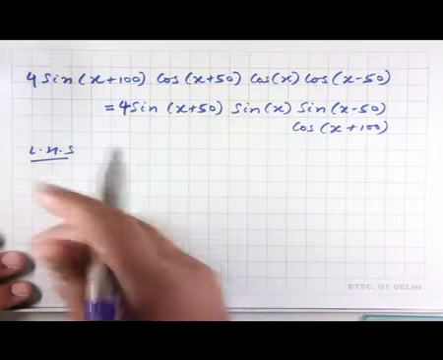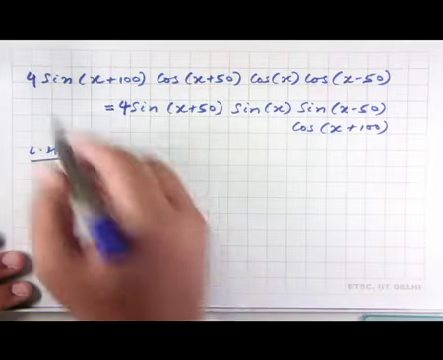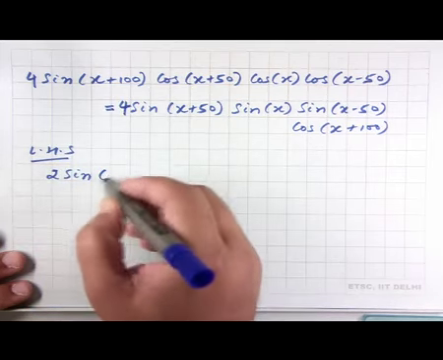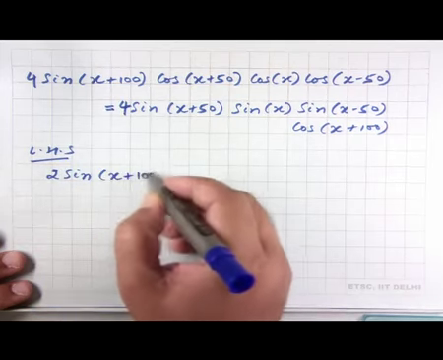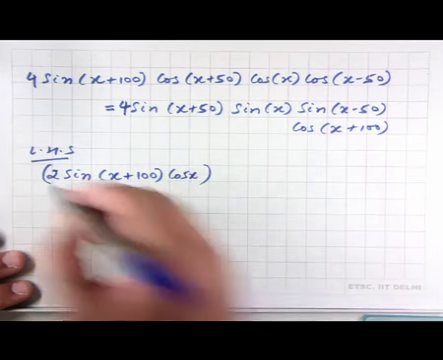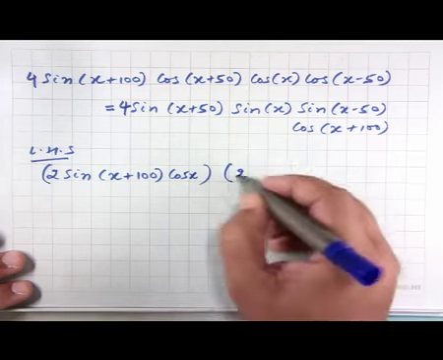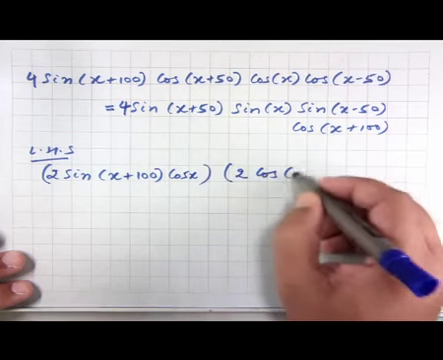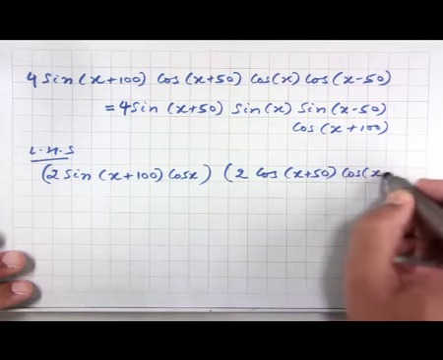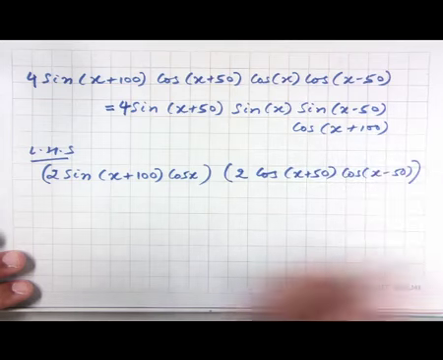So on the left hand side we can write it as 2 sin x plus 100 times cos x multiplied by 2 cos x plus 50 times cos of x minus 50.